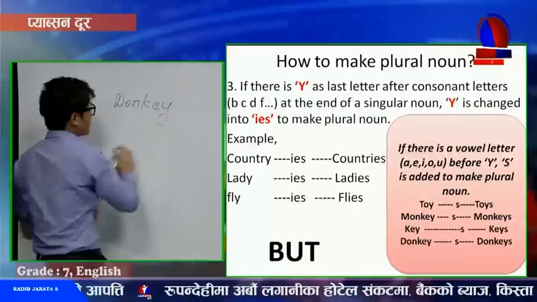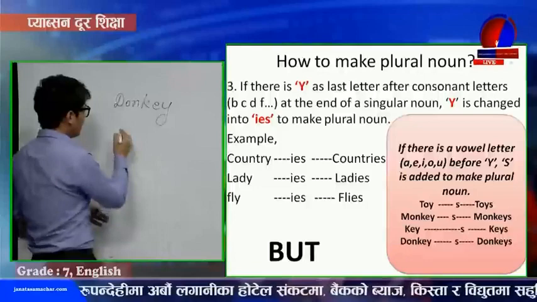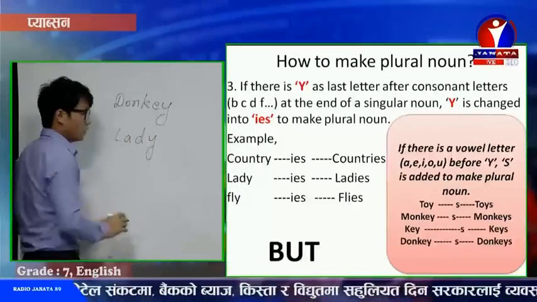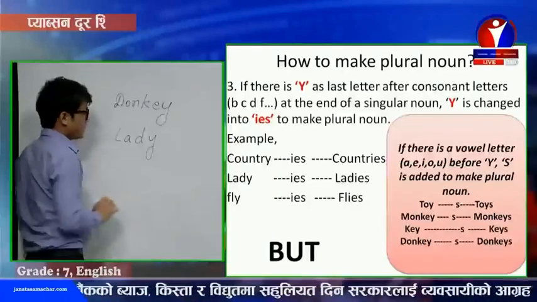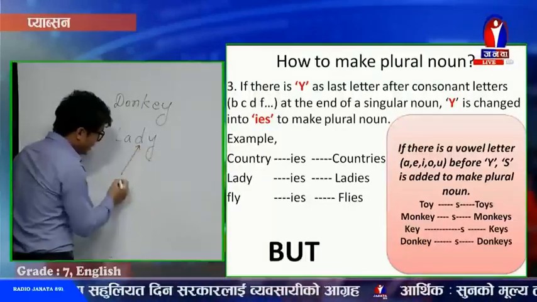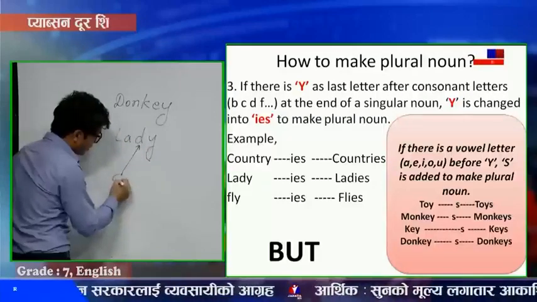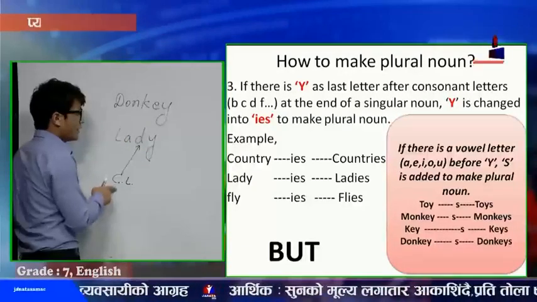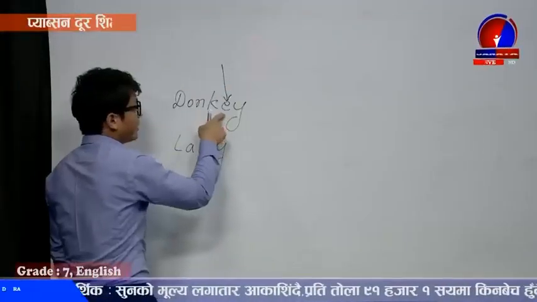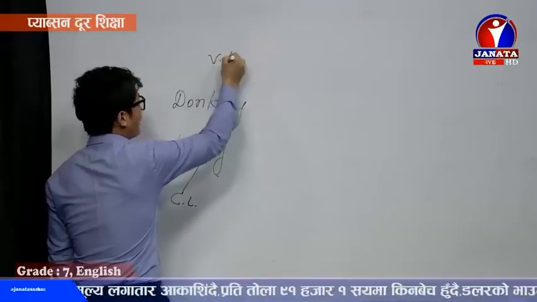D-O-N-K-E-Y. I think you can say it very well. And another is L-A-D-Y. So now, see here. Let me repeat it. Before Y here is a D, and this D is a consonant letter. Before Y here is E, and this E is a vowel letter.